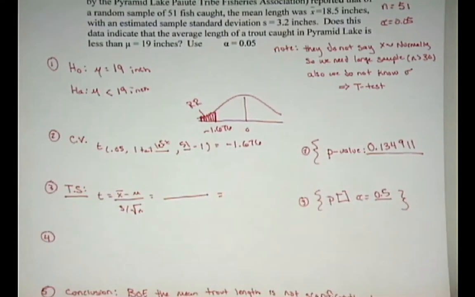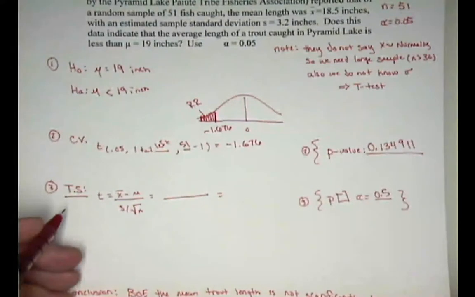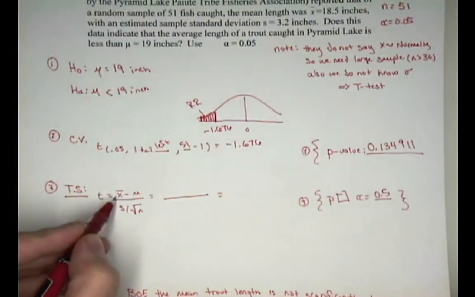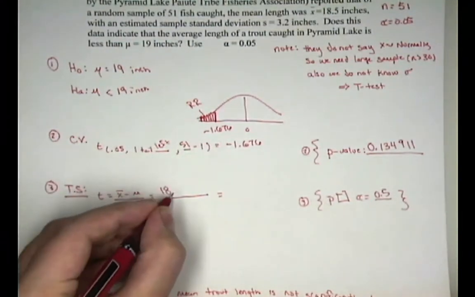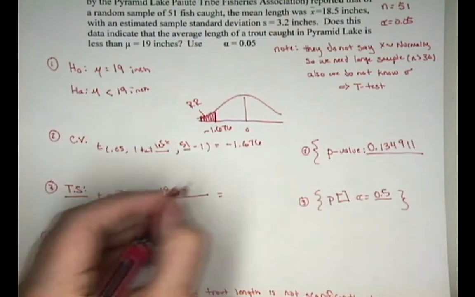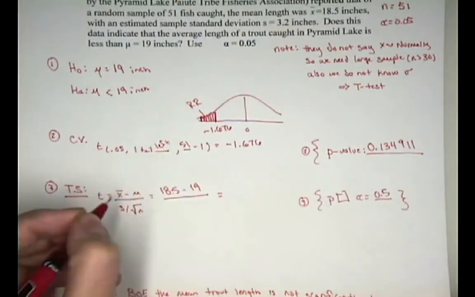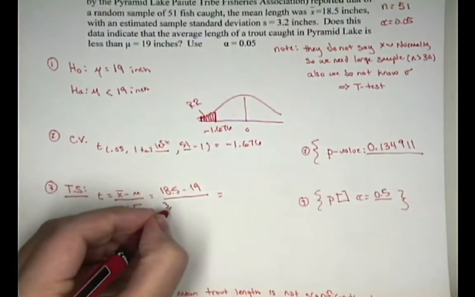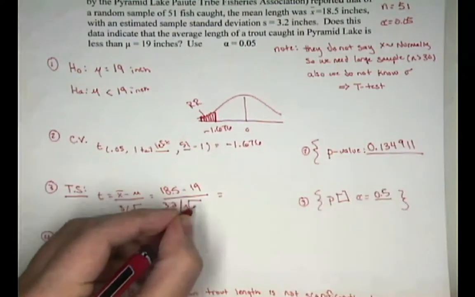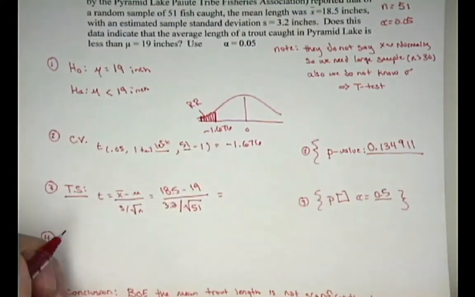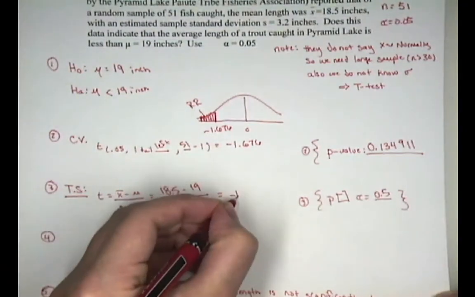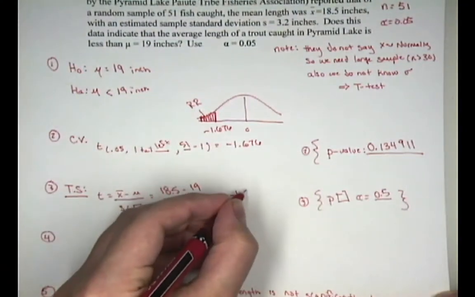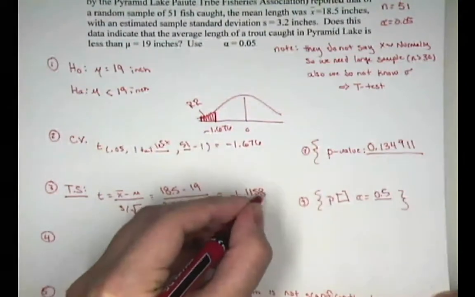Critical value method, without fancy technology, you've got to take your x bar, 18.5, minus the mean, which is 19, divide by s, the sample standard deviation, divided by the square root of n, which is 51. And then you calculate that, and you wind up getting a test statistic of roughly negative 1.11585.